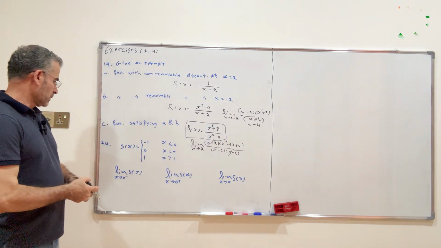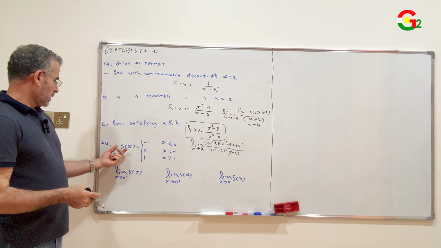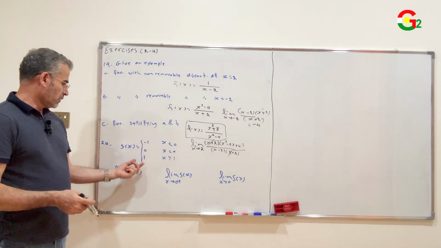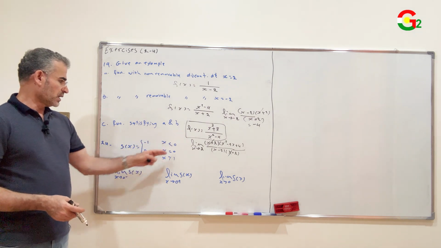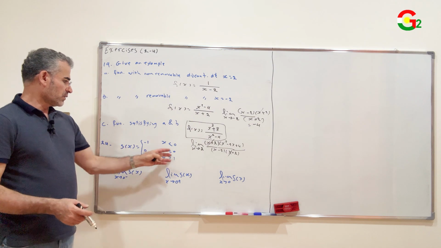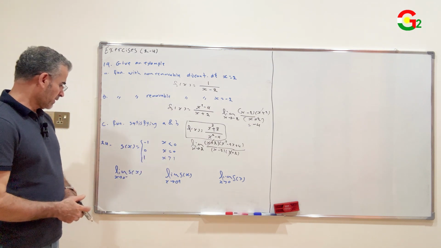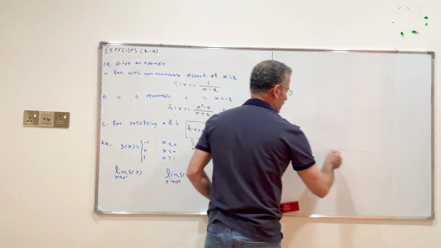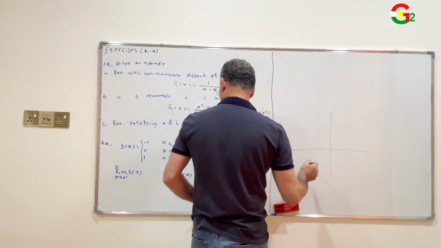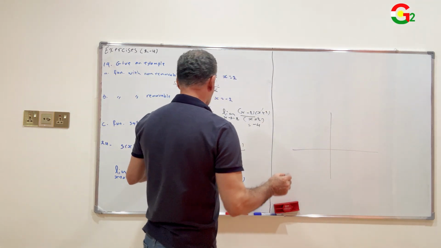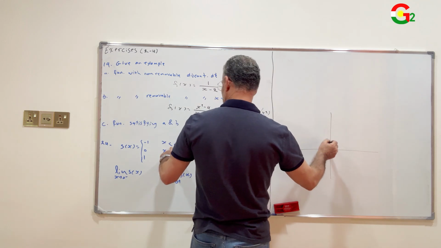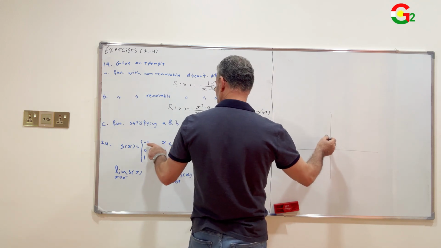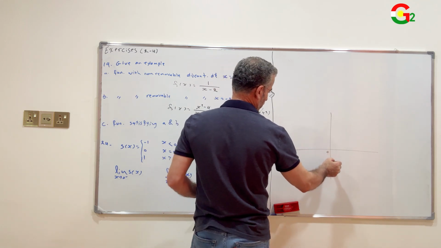Question, the last question in this set. S of x equals -1, 0, 1 when x is less than 0, x equals 0, x is greater than 0 respectively. Sketch the graph of this function. When x is less than 0, the function is -1.